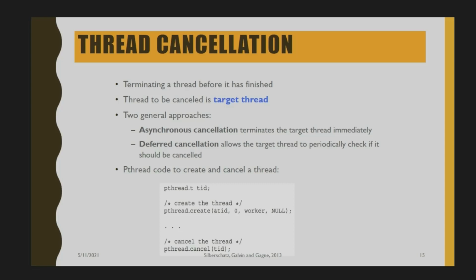As I mentioned before, we have two approaches: asynchronous cancellation and deferred cancellation. So this is the Pthread code to create and cancel a thread. This one creates the thread, and then this one cancels it.